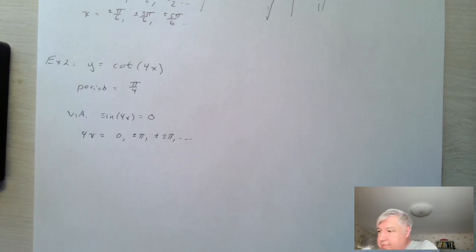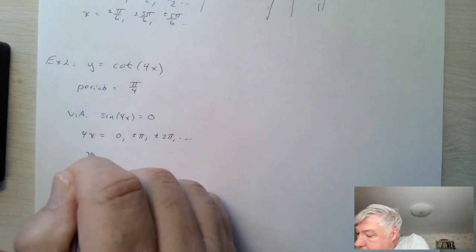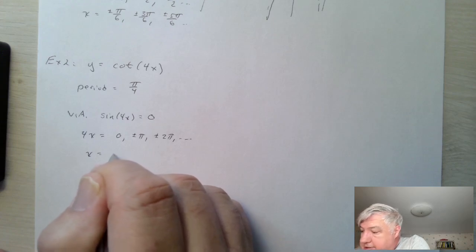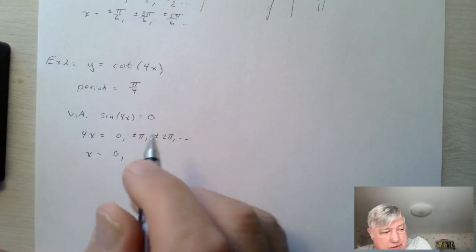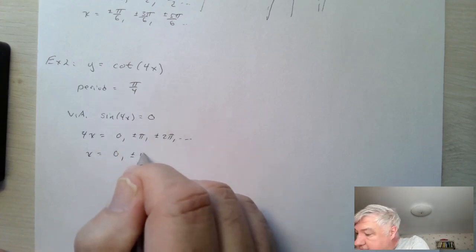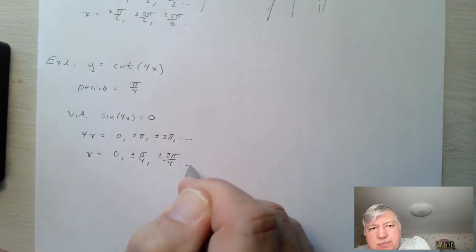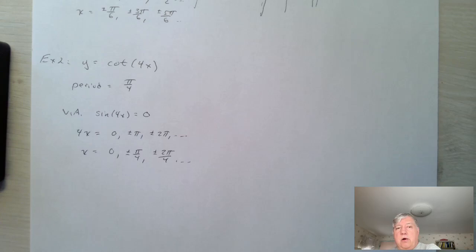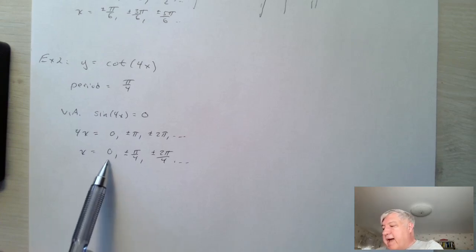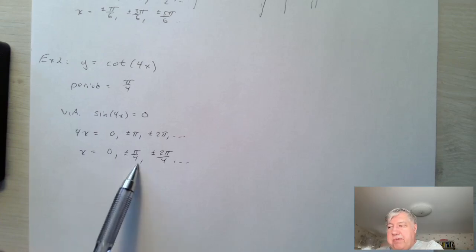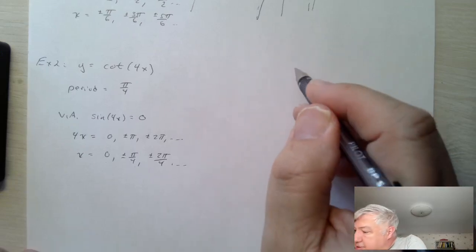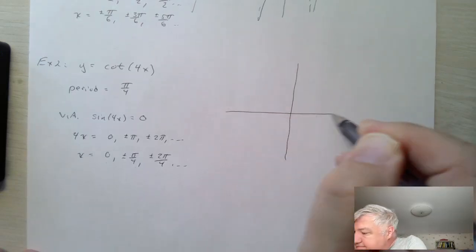what you'll get is 0, plus or minus pi over 4, plus or minus 2 pi over 4, and so on. Okay, well, in particular, we'll have one at 0 and one at pi over 4. So that's the only thing we're going to be concerned about right now.